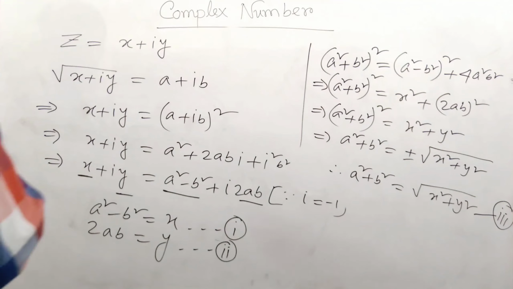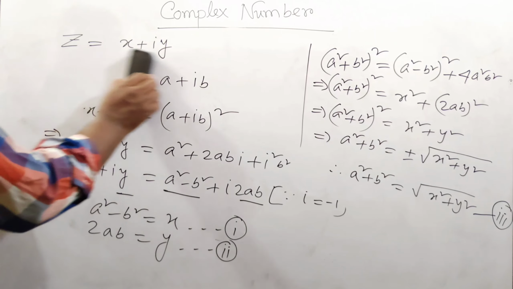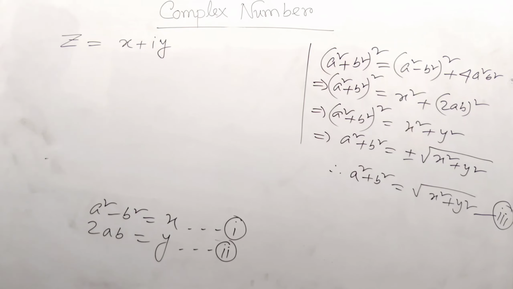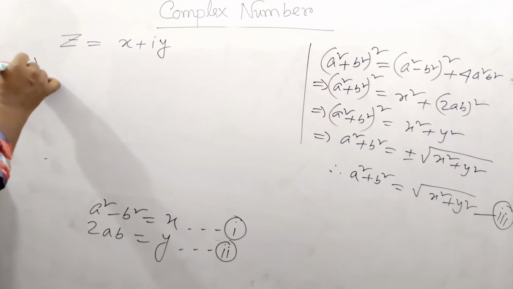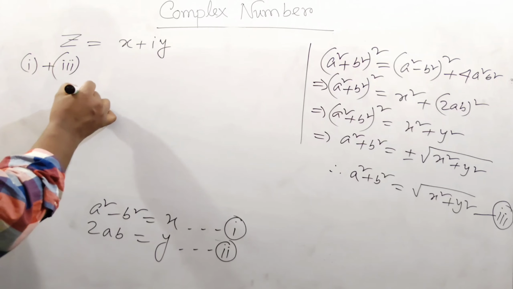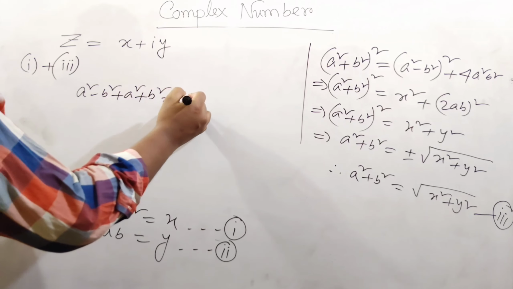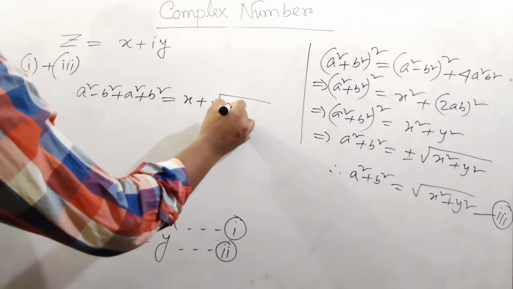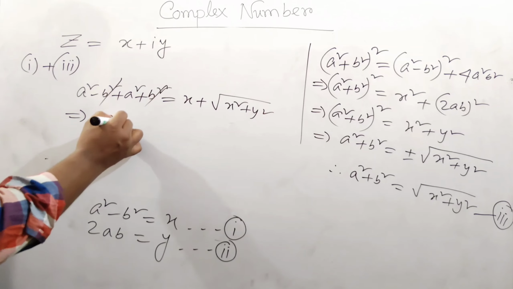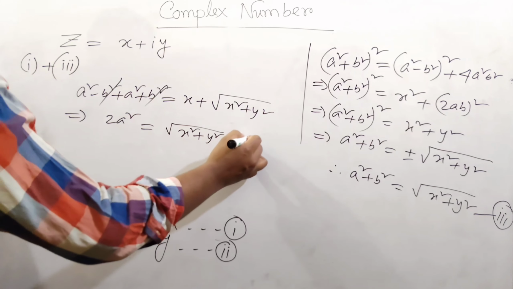Now if we do the elimination method with equations 3 and 1, then we can easily find the values of a and b. If we add these two equations, 1 and 3, what will we get? a square negative b square plus a square plus b square equals x plus root over x square plus y square. If you cancel the b square, we get 2a square equals root over x square plus y square plus x.